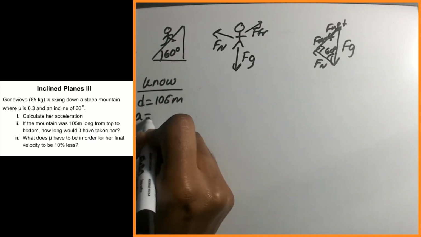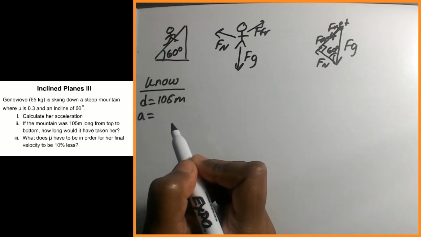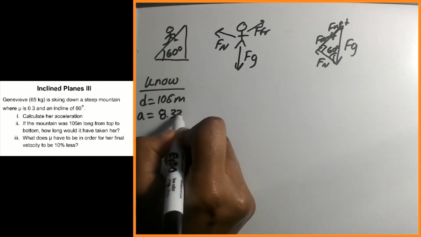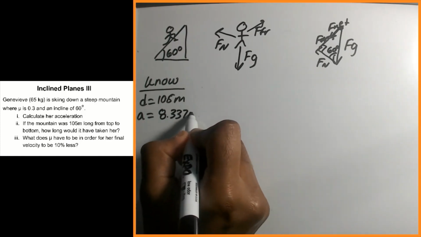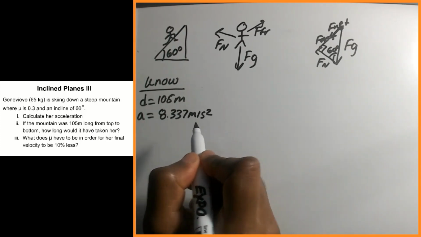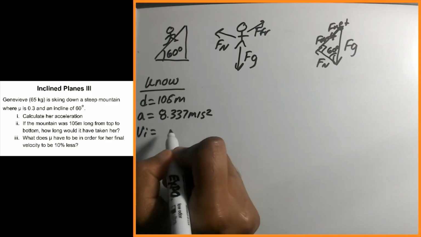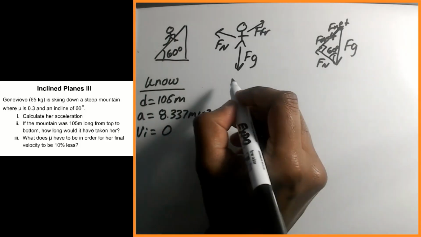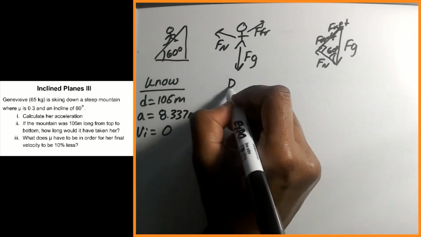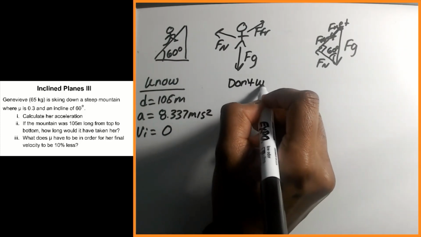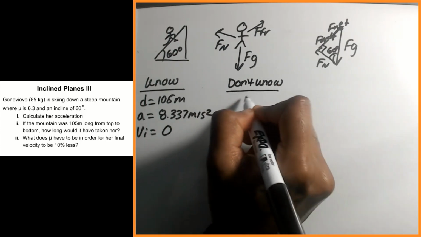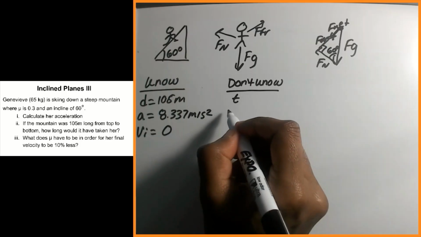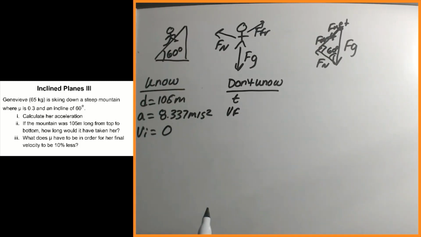Acceleration we found last time, equal to 8.337 meters per second squared. And the initial velocity, we can assume that she's starting at rest, so that's equal to 0. What we don't know is time, of course, and we also don't know the final velocity, but I don't think we really need that.